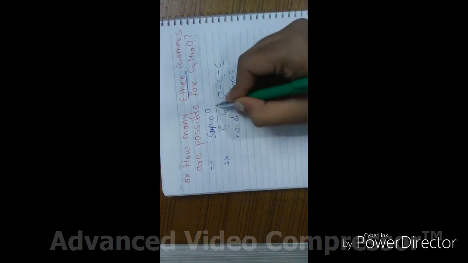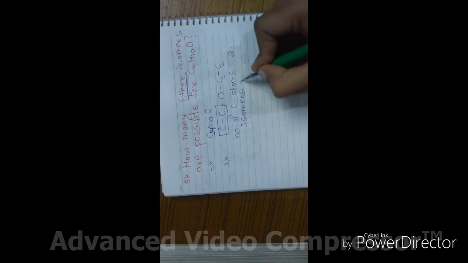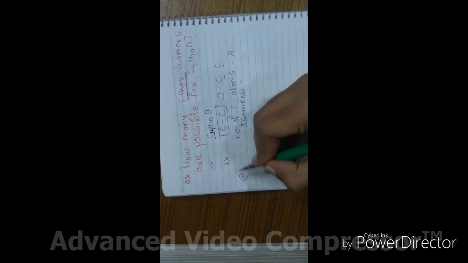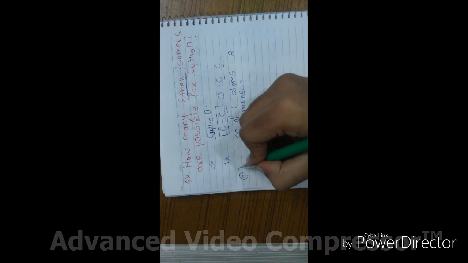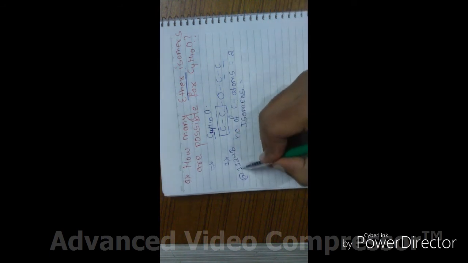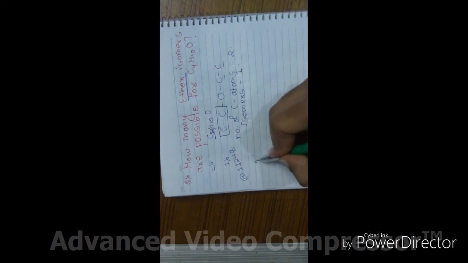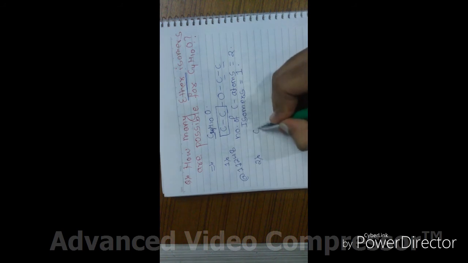Look only at the longer chain in the ether form. So the number of carbon atoms equals 2. For the number of isomers, you have to remember this formula, 1 1 2 4 8. So for 2 carbon atoms, 1 isomer is present, and this ether form can be written in a second form also.